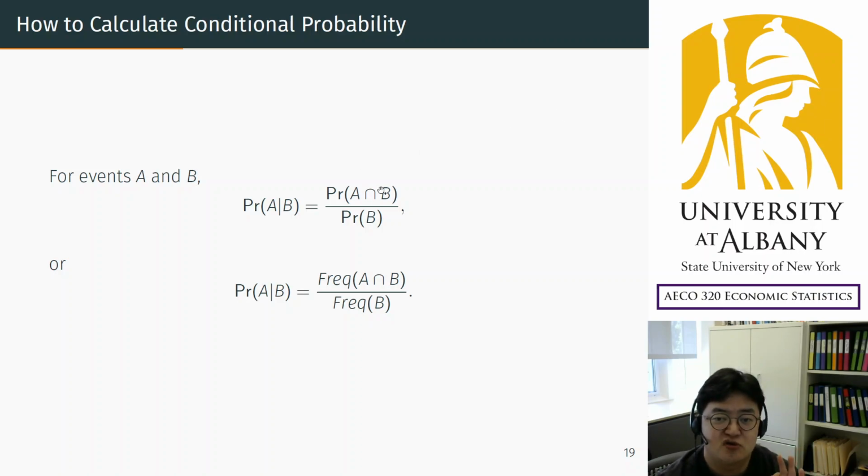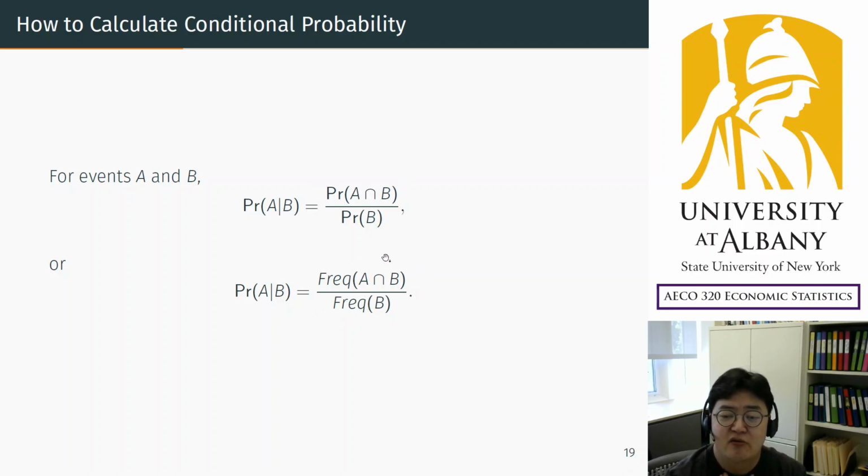So two conditions: B is the condition, and the event A should occur. So high cholesterol and smoker.